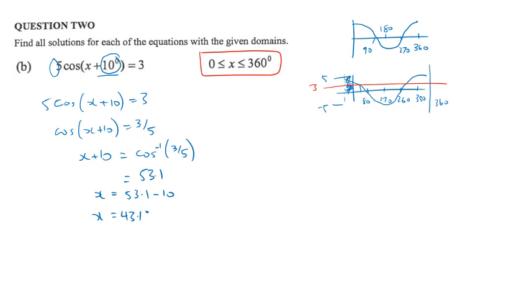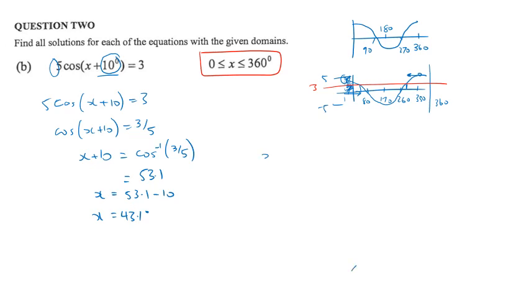Now I need to find out what this one here is. From here to there is 53, so from 350 backwards will be 53 as well.